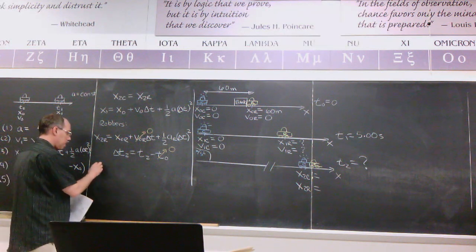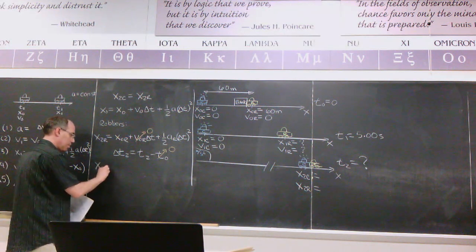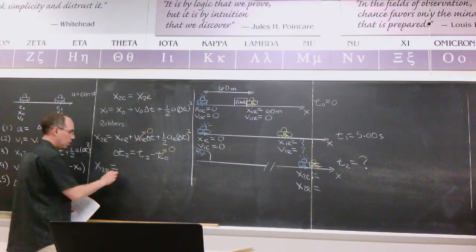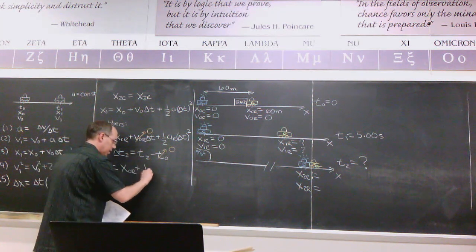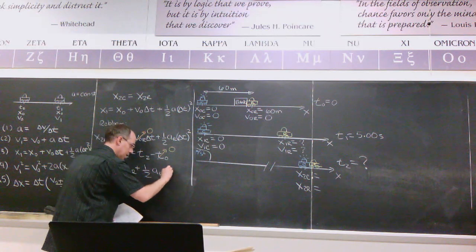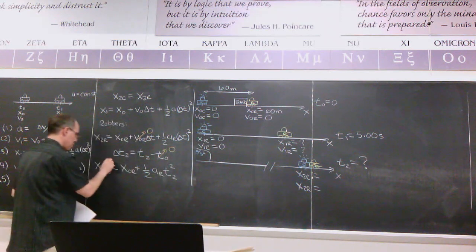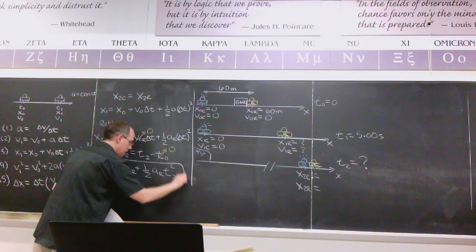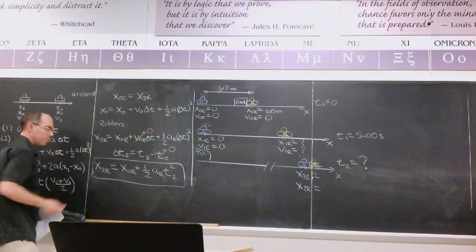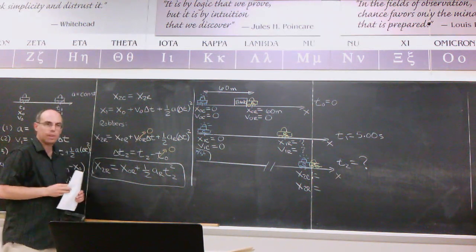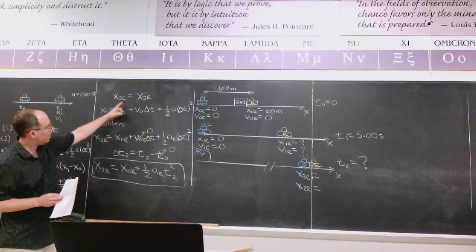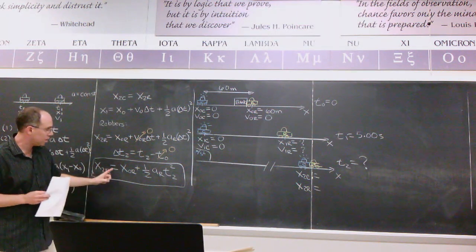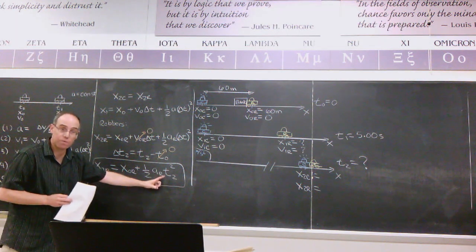And we get x2 robbers equals x0 robbers plus 1/2 a robbers t2 squared. So that's the first part of this, where we get the final position of the robbers in terms of the final time. Now we've done that.